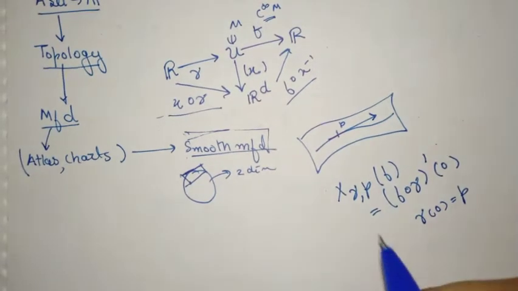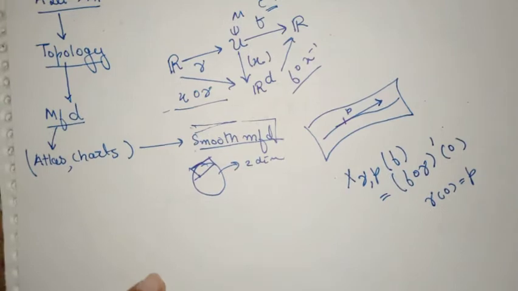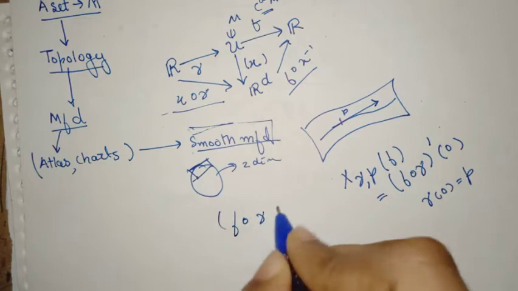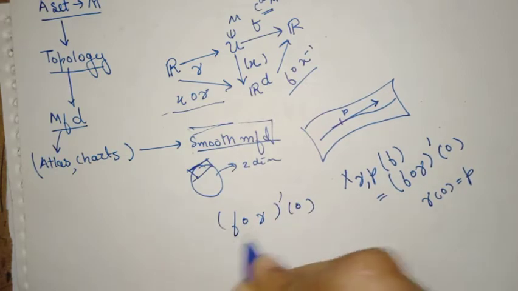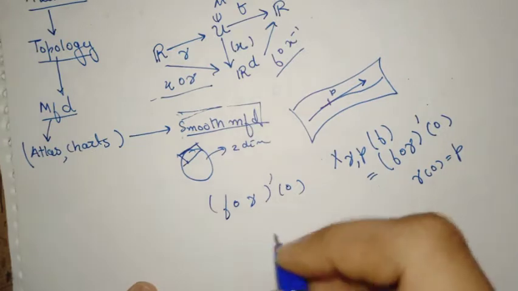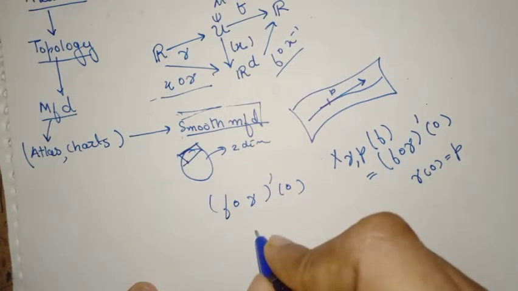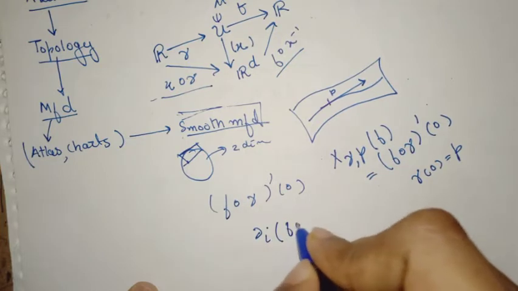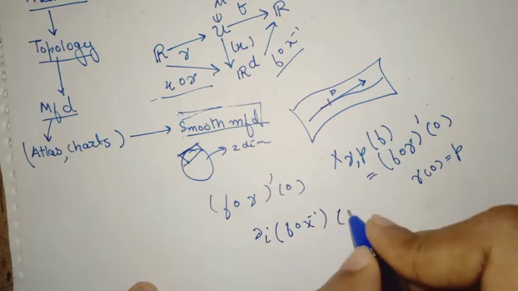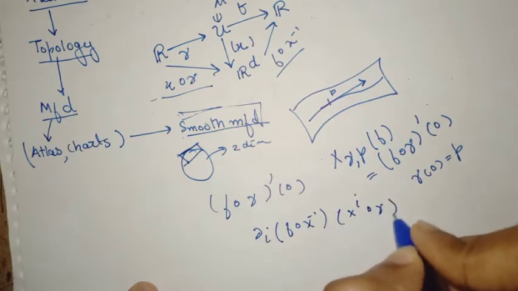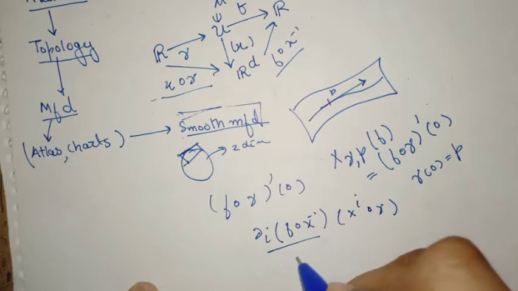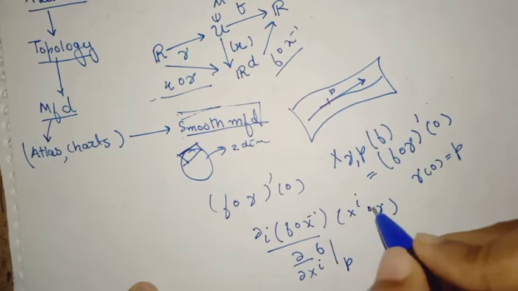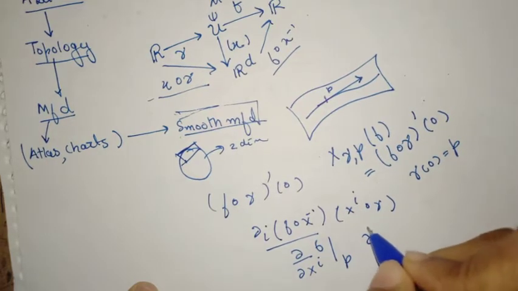So this is the way of defining the directional derivative to the curve, and then one can easily see that f o gamma differentiated at the point 0 can be written, by using the chain rule, as the derivative of f o x inverse, and then you have x^i of gamma, and then this part you can just define to be del_i of x at the point P acting on f, and this part will be now gamma dot of i.